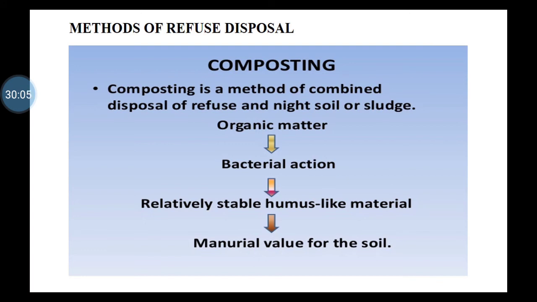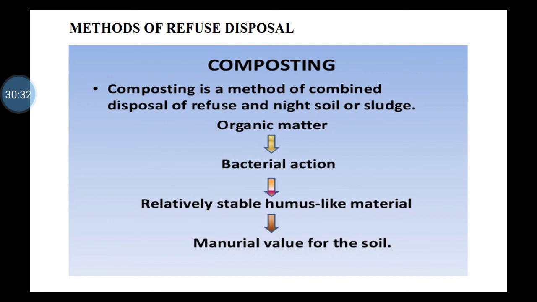So in this, trenches or pits are there. The refuse and human excreta are put in the trenches in alternate layers, like 6 inch of refuse and 2 inch of night soil or human excreta. So this pattern is followed, and the uppermost layer will always be of refuse.